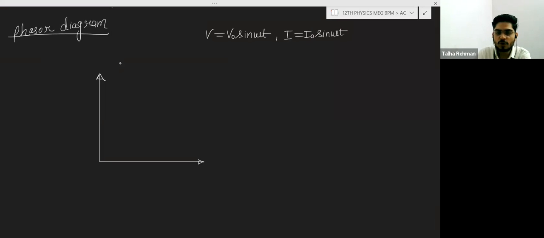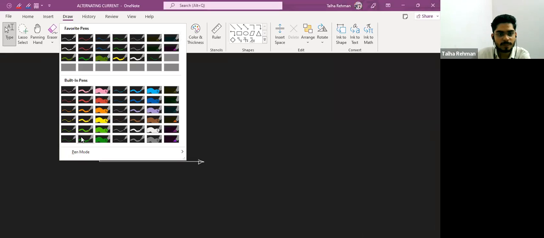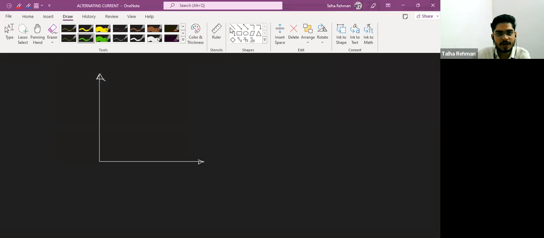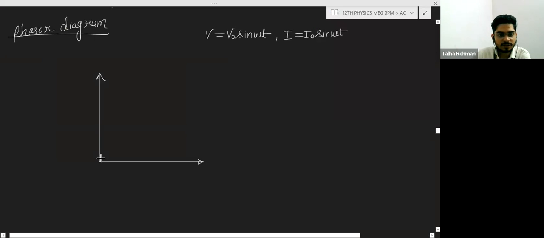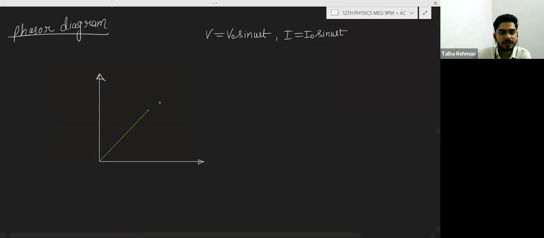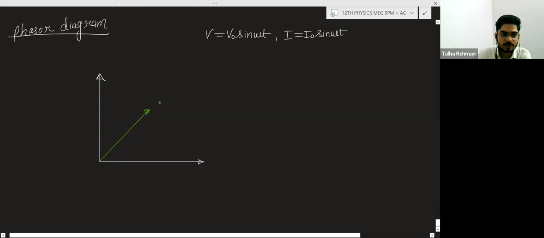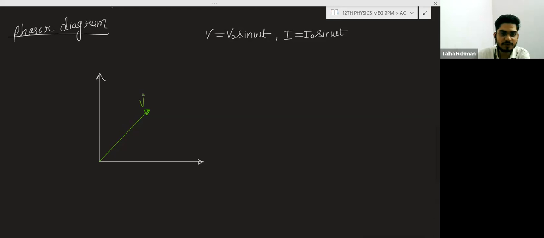So first I will plot this V. See how I will plot. I am just plotting it like this. From this point I am taking this, and this is the arrow. The length of this arrow represents the peak value of voltage.